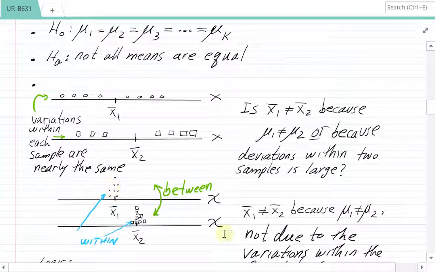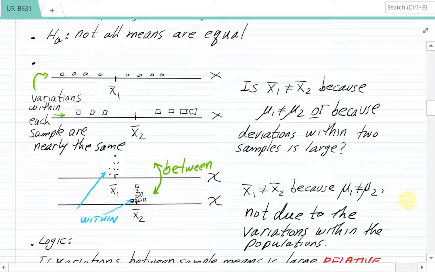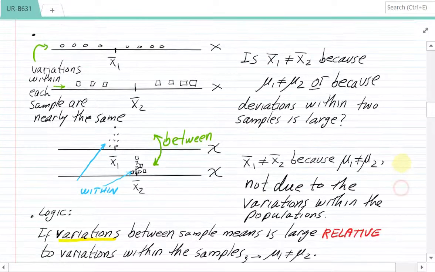Therefore, X bar 1 is different from X bar 2 in this case because the population means indeed are different. It's not due to the variations within the populations. Okay, and there you have it. So this becomes, again, the logic of the ANOVA.